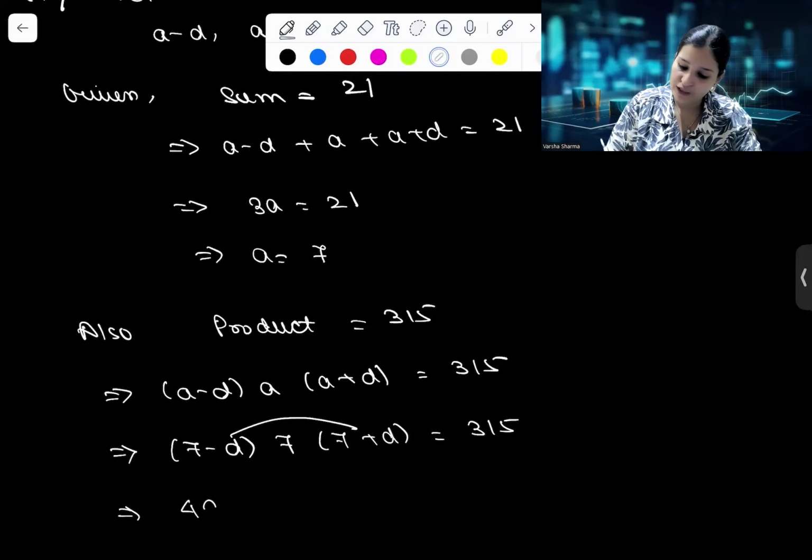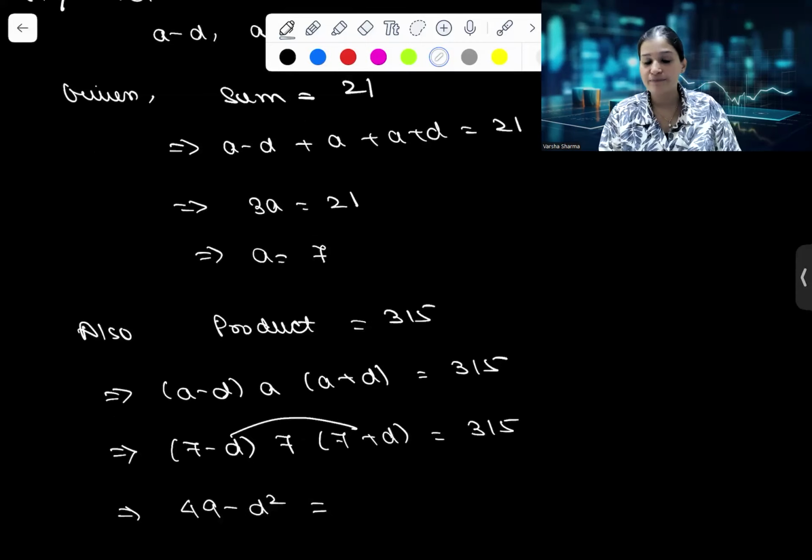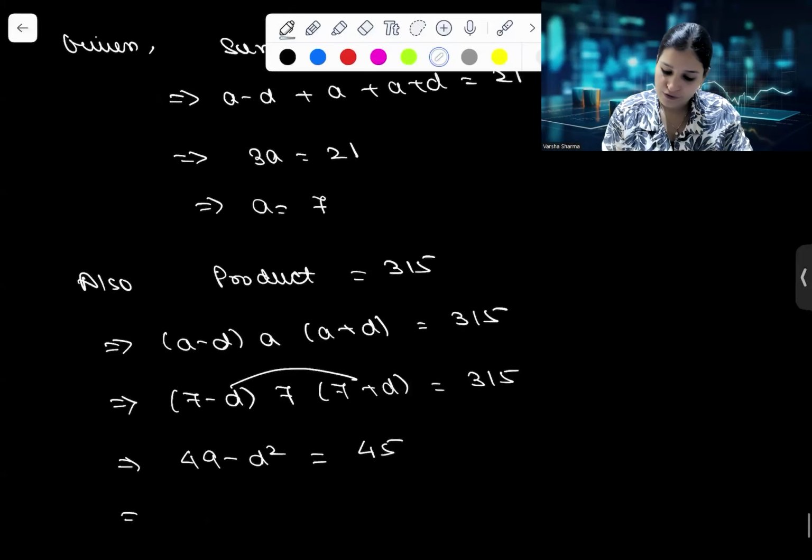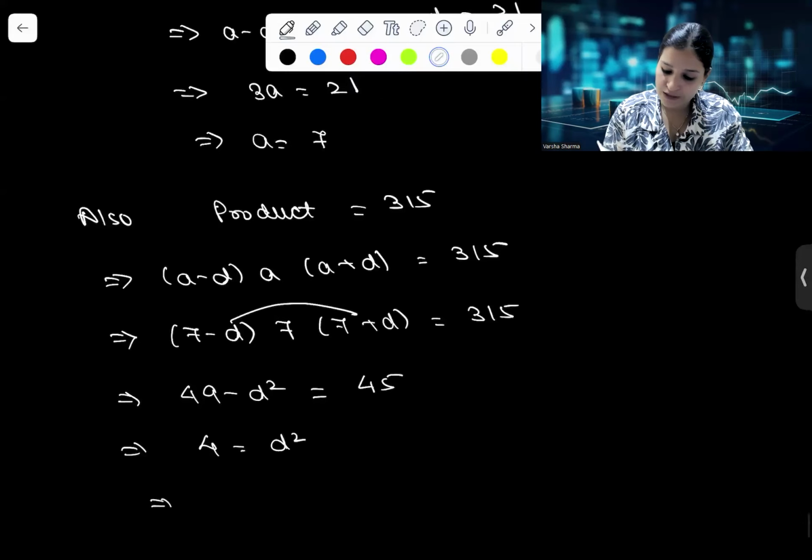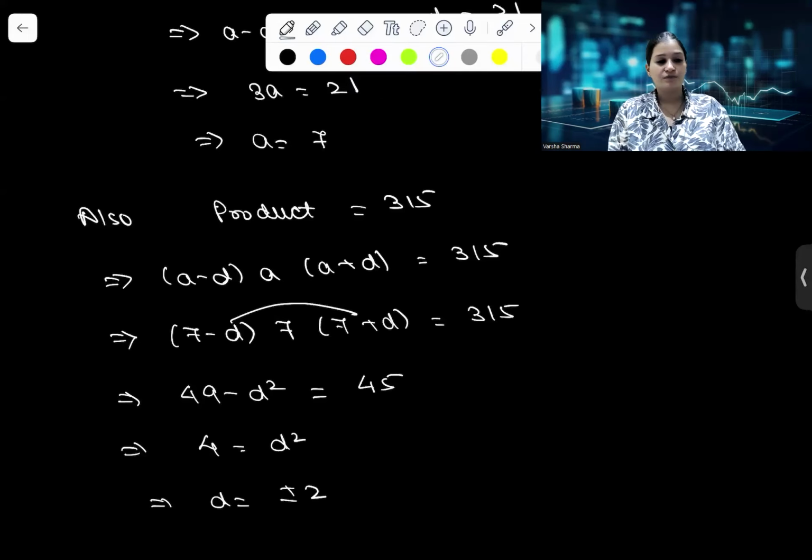Multiplying them, I get 49 minus D square. Divide 315 by 7: 7 fours are 28, 7 fives are 35. So 45 equals 49 minus D square, so D square is 4. From here, D will be plus minus 2.